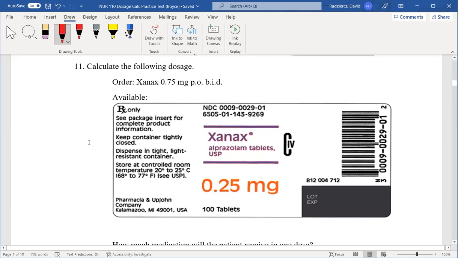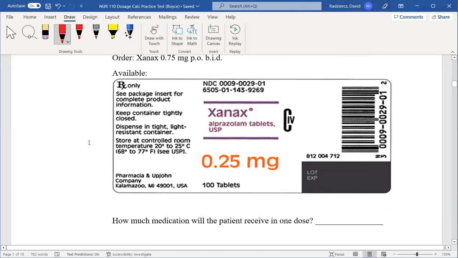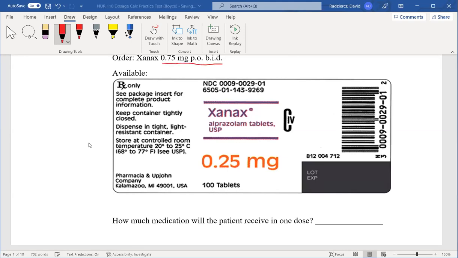All right. This is for Xanax. Our order is 0.75 milligrams by mouth BID. It tells us we have available 0.25 milligrams, in the form of tablets.